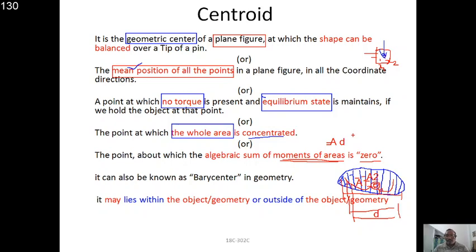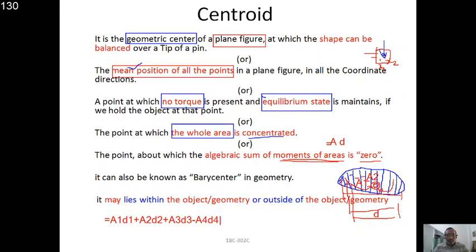That means a1 d1 plus a2 d2 plus a3 d3 minus a4 d4.